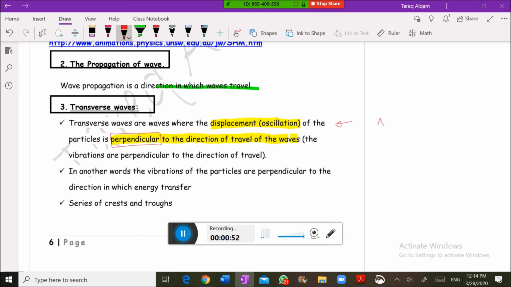This is the oscillation, up and down. This is the direction of travel. If the oscillation is perpendicular to the direction of travel, this wave is called what?